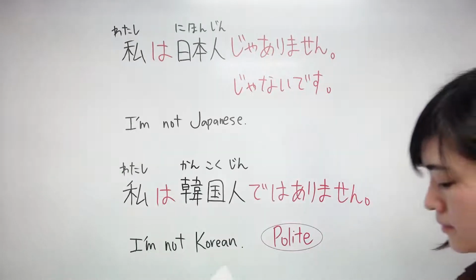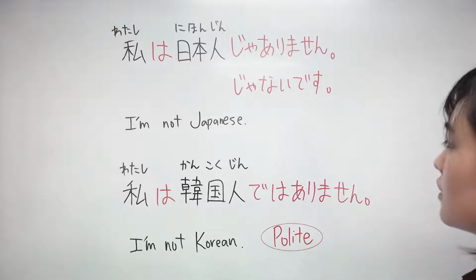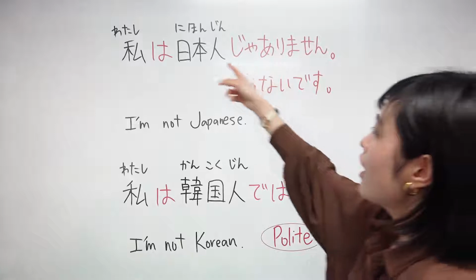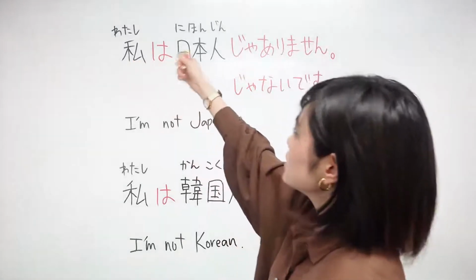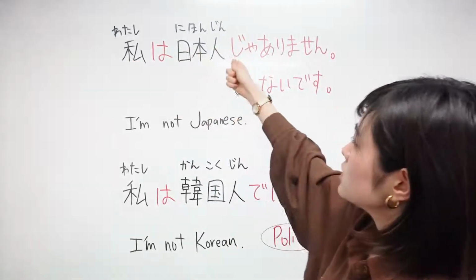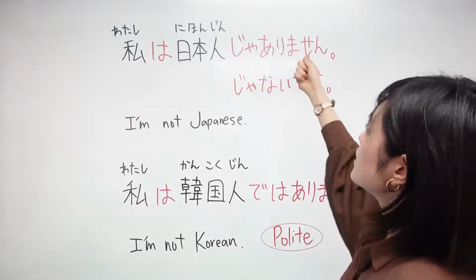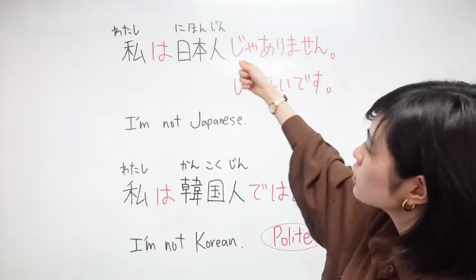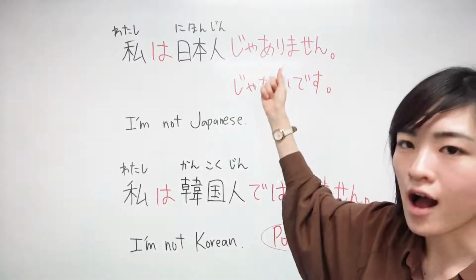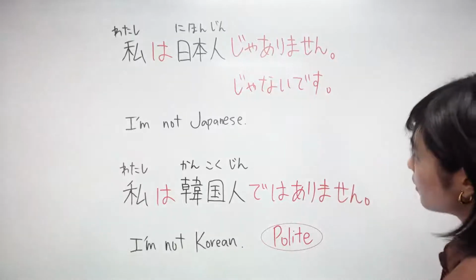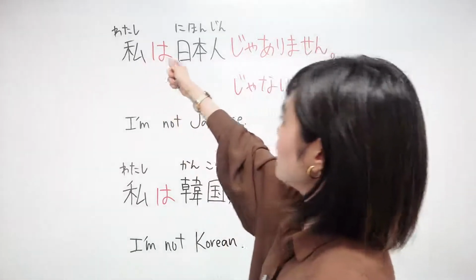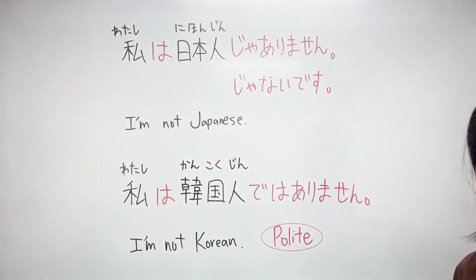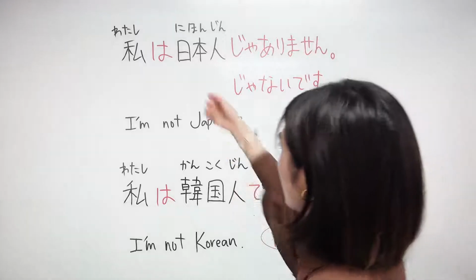Alright. Let's look at another sentence using じゃありません。私は日本人じゃありません。Or 私は日本人じゃないです。Again, 日本人.